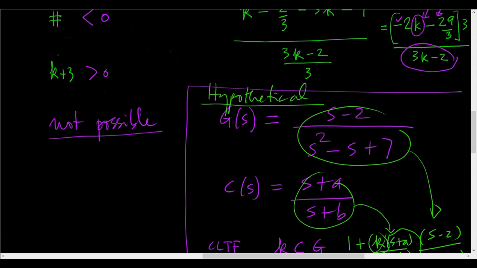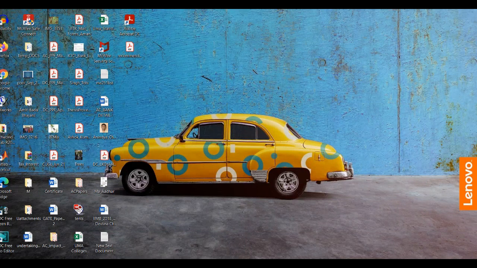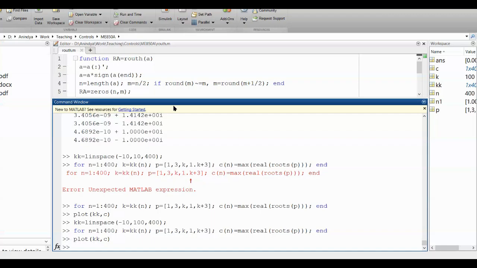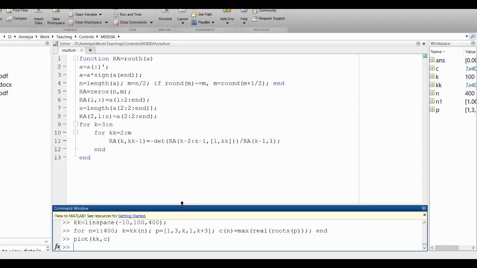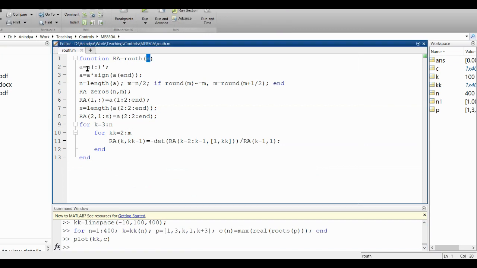Okay, now let's just take about a minute to go over this code once again. So the coefficients are coming in. I am arranging them in a row. I am making the last one positive. Here is the length of A. Here is half length. If the half length is not an integer, in that case you add half to it.